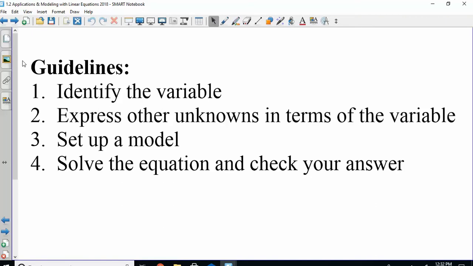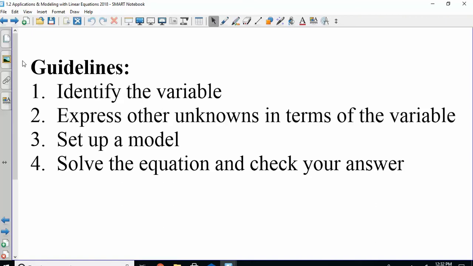And if we have a more complicated problem with a couple unknowns, if you don't write down what you're solving for, at the end you're not going to know what you have. So you get a point for doing this. Even if nothing else that you do is right, if you write down x is the length, I will give you a point just for doing that. Vice versa, if you don't write it down, then you miss that point automatically.